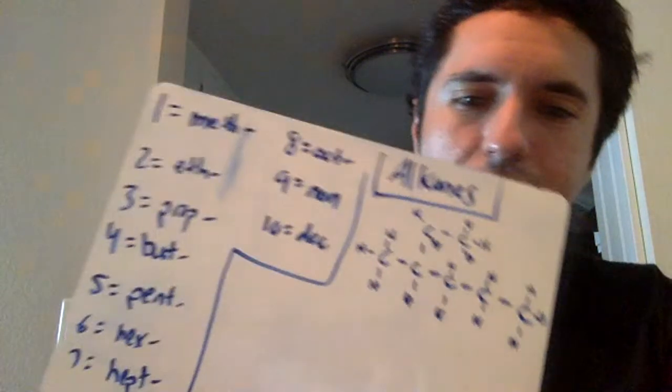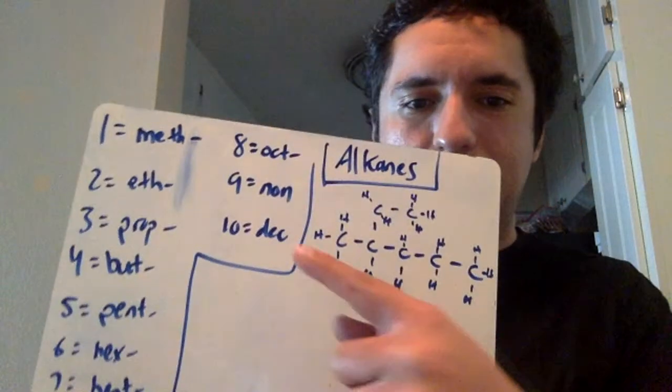So I'll draw it the long way, and then I'll draw it the shortcut way. All the H's get kind of crammed together. It must be kind of hard to see this. So there's this big long alkane.